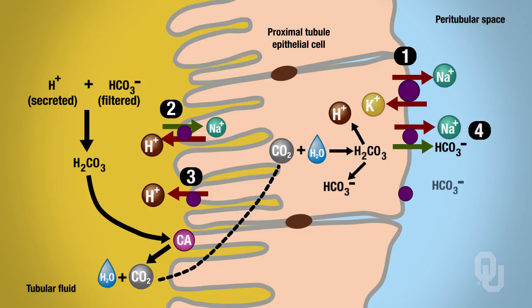Then we also have bicarbonate being reabsorbed by using a chloride transporter. So again, we have a high concentration of bicarbonate. Chloride ions then must be moving from a low concentration toward a high concentration inside the cytoplasm of the cell. So that means step 5 here is called your chloride-bicarbonate countertransport.